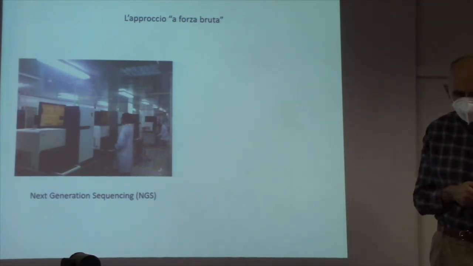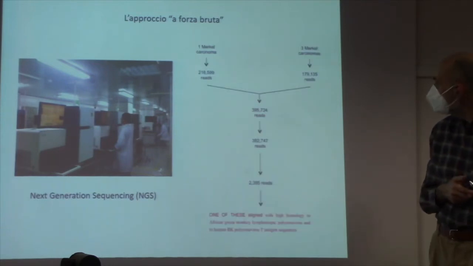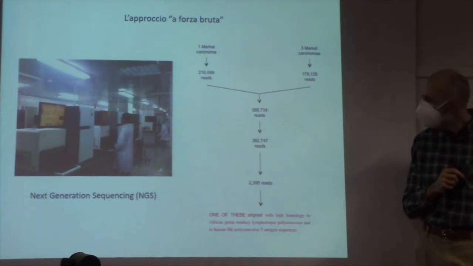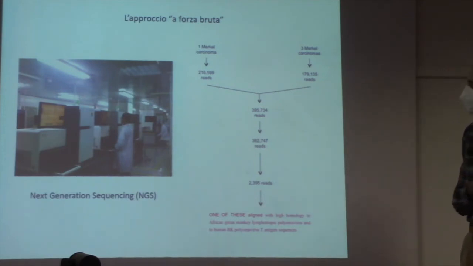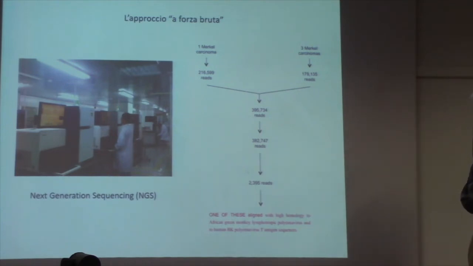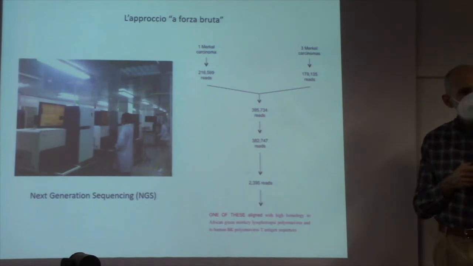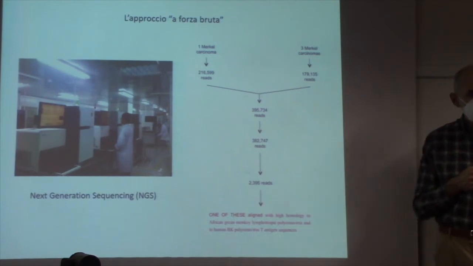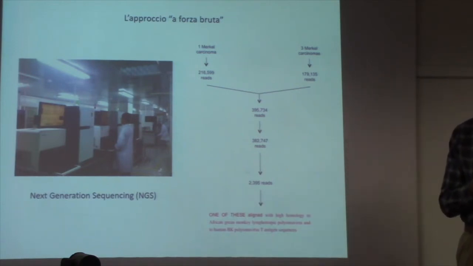Another brute force approach is this. This approach has been applied in a specific case in the literature. This is just one of the thousands of examples I could have chosen. It was a situation in which people were looking for a possible viral cause of a rare tumor called Merkel cell carcinoma.